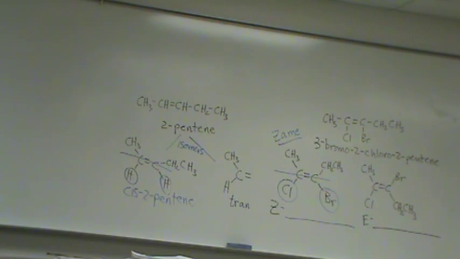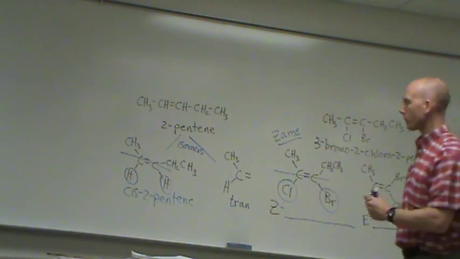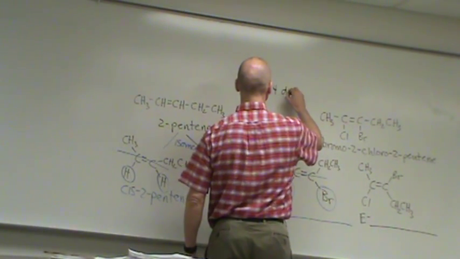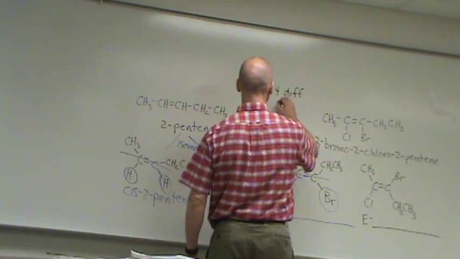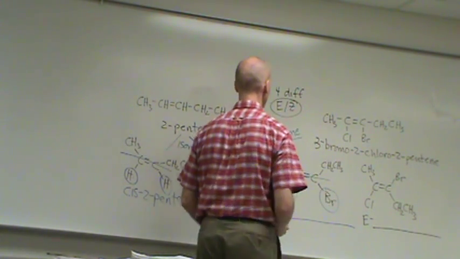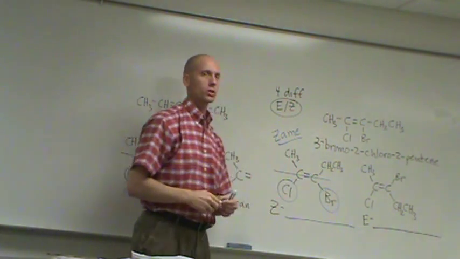So with a hydrogen, that's when you use the cis and trans. But if you have two groups that are the same, here, all four groups are different. Okay? So if all four groups are different, we get what are called the E and Z isomers.